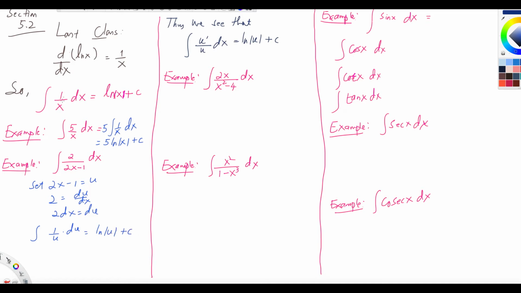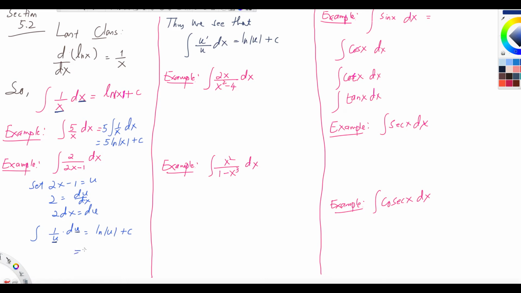Because of that formula, if you have 1 over x dx, you see that this matches, and here u matches with x and du with dx. So you can write natural log of the denominator function plus c. But your question was in terms of x, so you want to substitute back. So u is 2x minus 1.